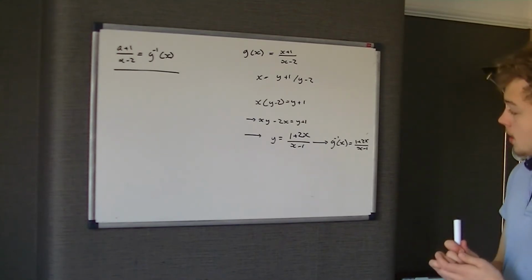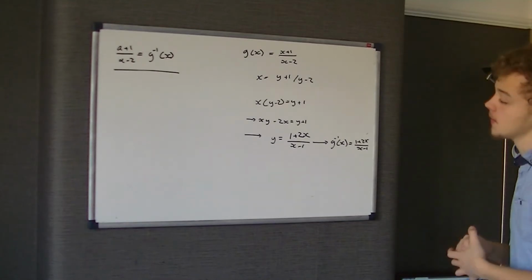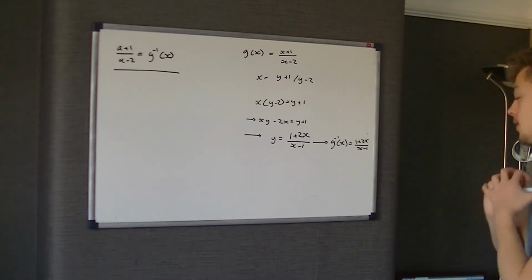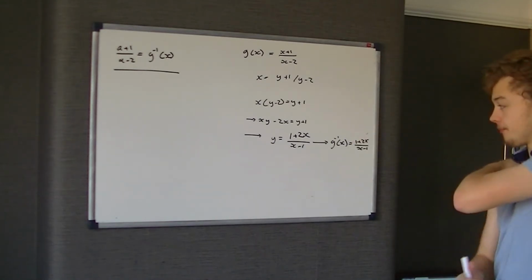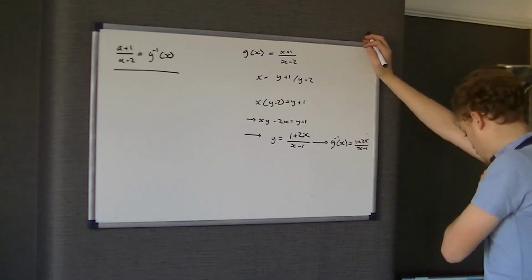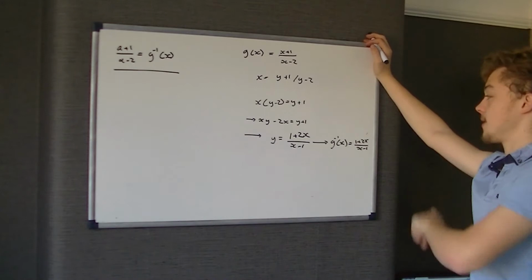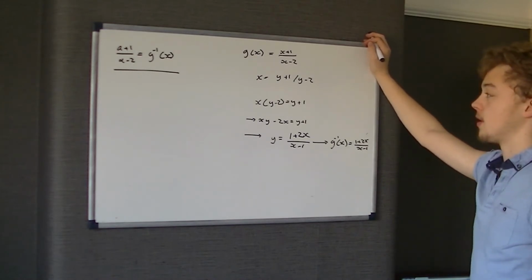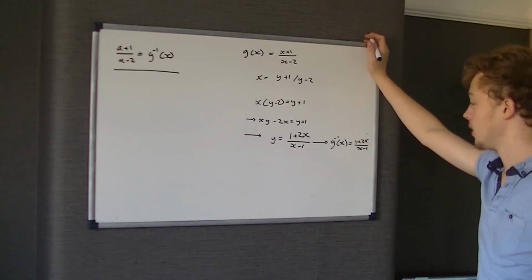Okay? So if you got that, then hopefully that's a good thing, because I kind of messed up explaining that one a little bit. As we said, we wanted to make y the subject of the equation, and then change it to x's. If it didn't make sense, don't worry, because I didn't explain it very well.